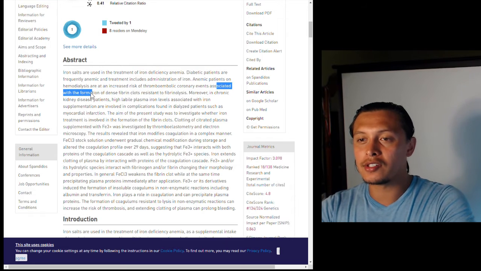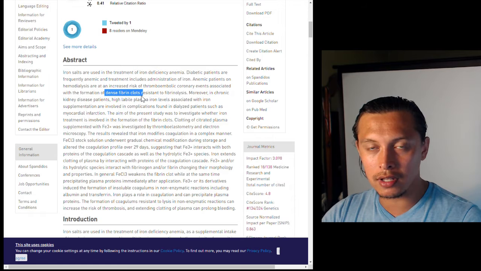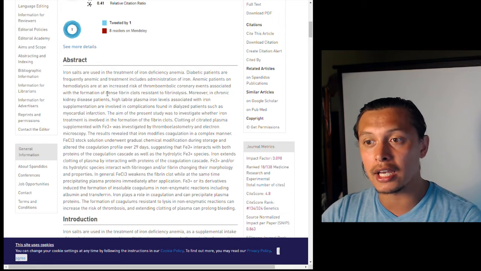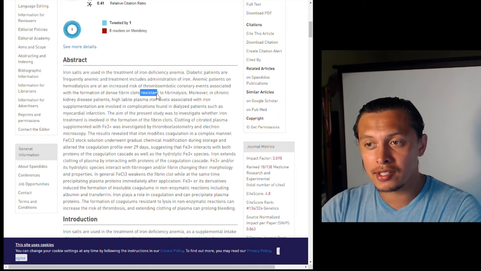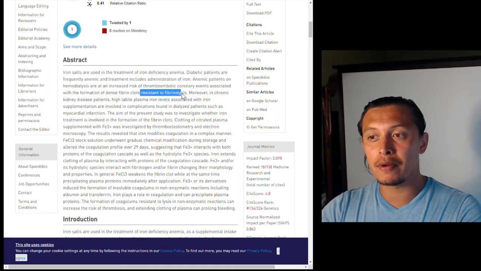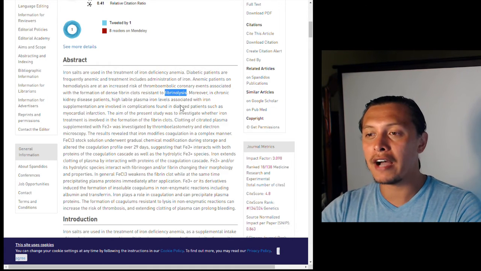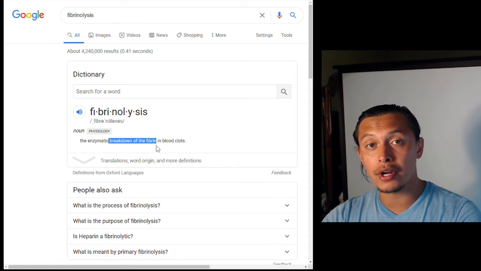And this is associated with the formation of dense fibrin clots. So they aren't calling this a normal clot. This is explicitly a dense fibrin clot, and this is resistant to fibrinolysis, which is the enzymatic breakdown of fibrin in blood clots.